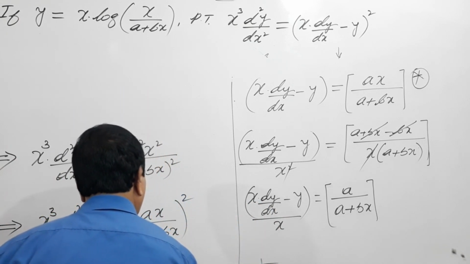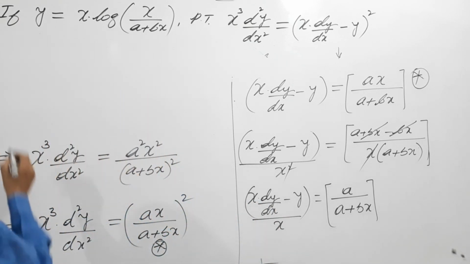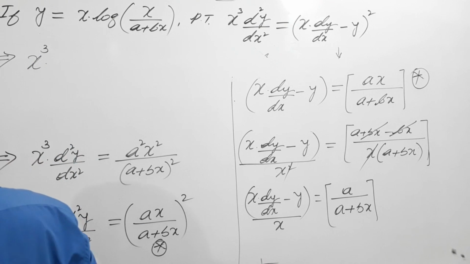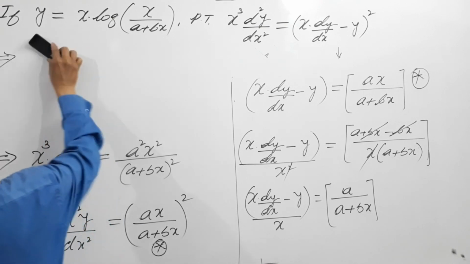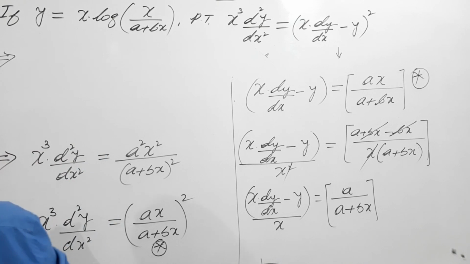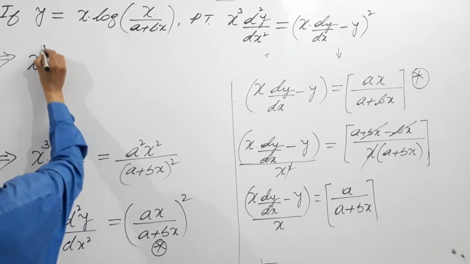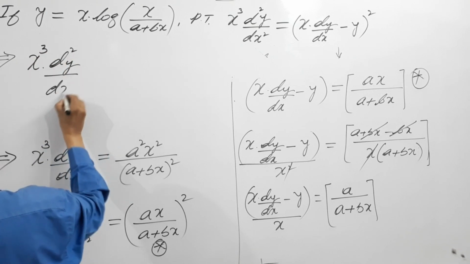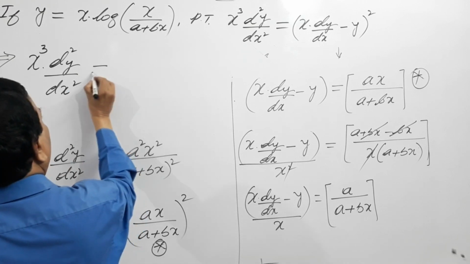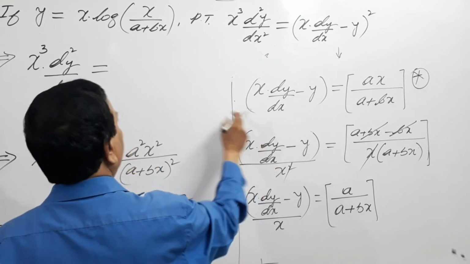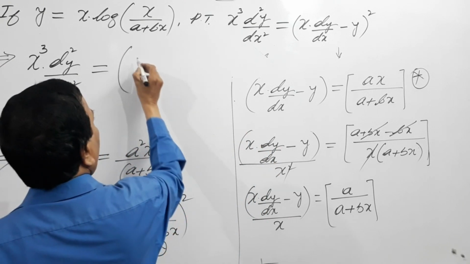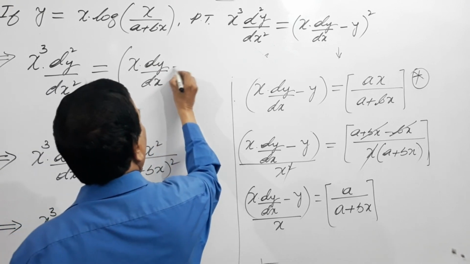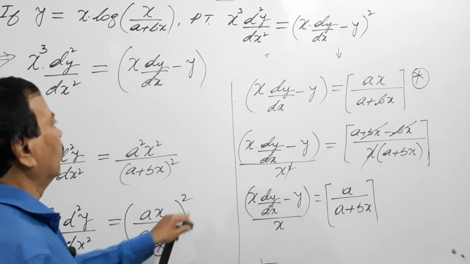so now I'll replace that. That is nothing but x cube into d square y by dx square equals to x into dy by dx minus y the whole square.